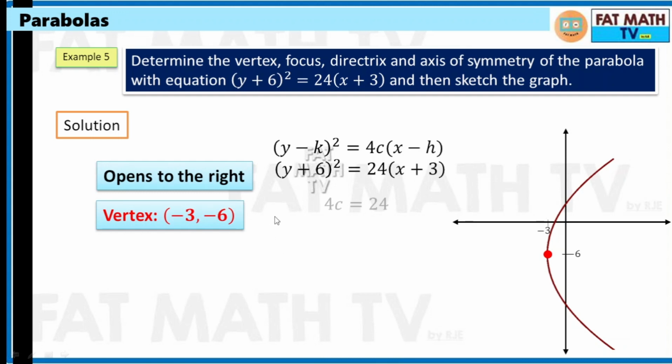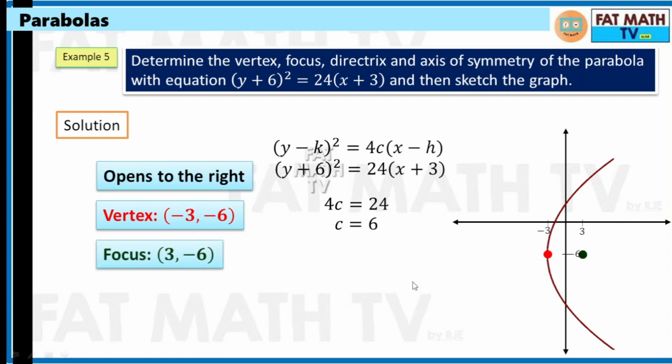Next, solve for c. 4c is 24, so c is 24 over 4, that is 6. So we have to move 6 units to the right to get the focus. 6 units to the right of (-3, -6), you just add 6 to negative 3. Negative 3 plus 6 is positive 3, so your x-coordinate will be 3, and the y-coordinate is still negative 6.